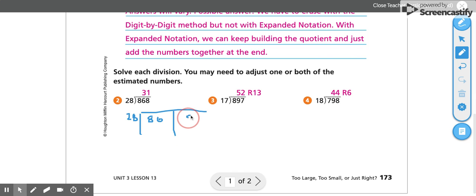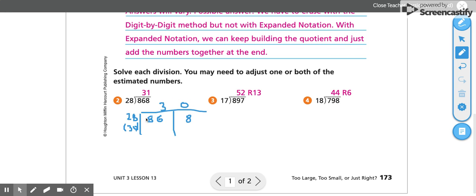So I look at this, and I'm going to estimate this one to 30. And about how many 30s go into 86? Well, if I rounded this to 90, because 86 is closer to 90, I think, okay, 30 into 90, 30, 60, 90, I get about 3. Or I guess I could say 30.